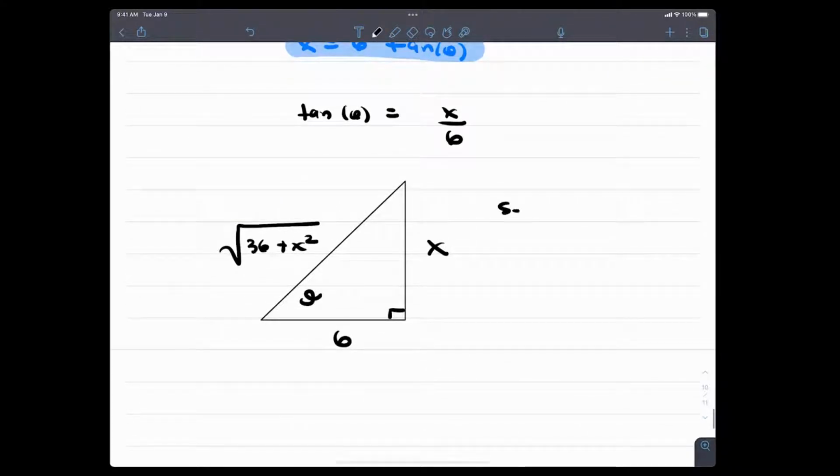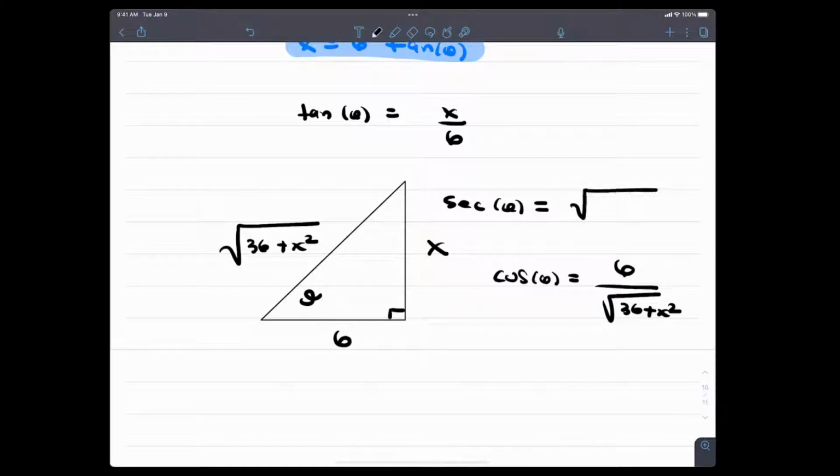So what's the definition of secant theta here? Isn't that the reciprocal of what? Cosine? So what would you say cosine theta would be? Maybe that's easier. Isn't that going to be adjacent over the hypotenuse? Is that true? So if that's the case, what do you think secant's going to be? Reciprocal. Yeah. Square root of 36 plus x squared over 6.